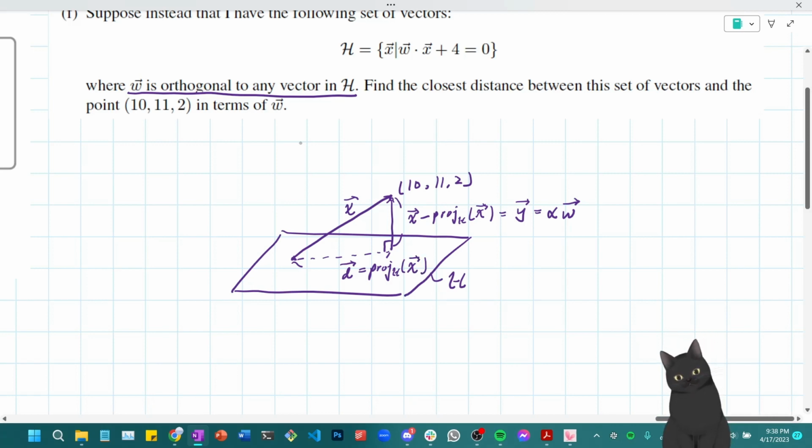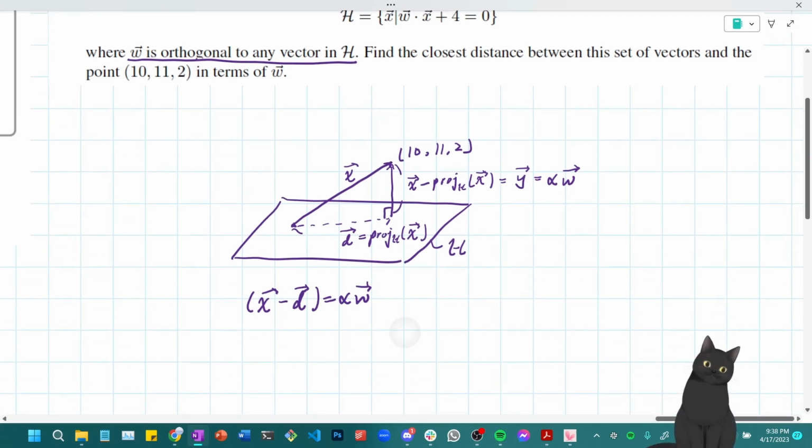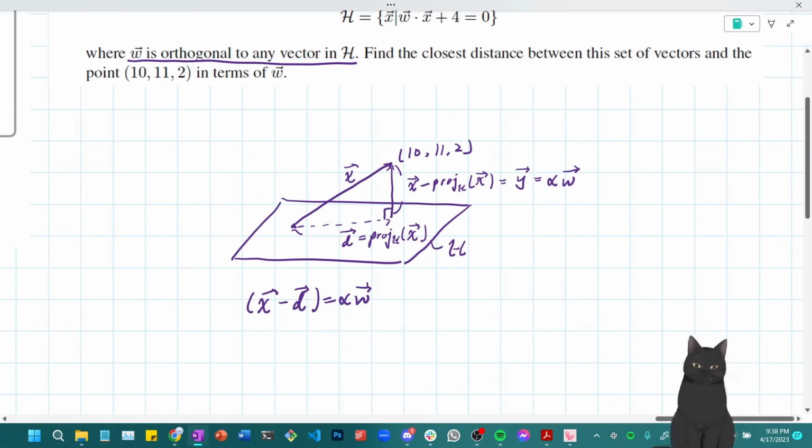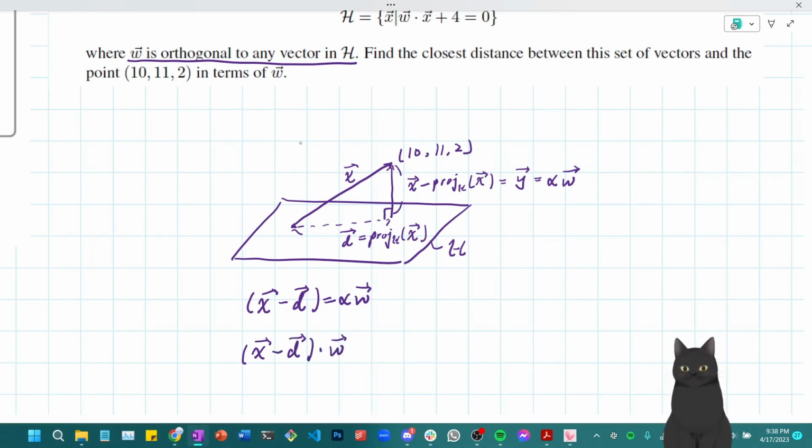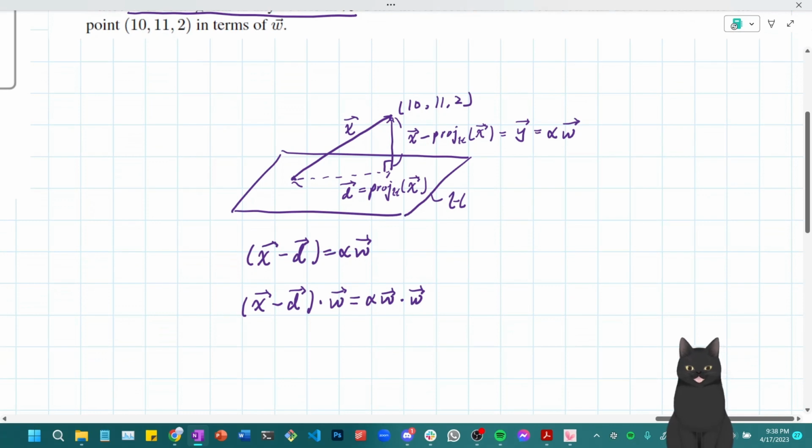But one lesson that we can take is that, first of all, x minus d is equal to y, which must be a scalar multiple of W. And second of all, we can notice that x minus d dotted with W is equal to alpha w dot w. And this is also equal to x dot w minus d dot w.